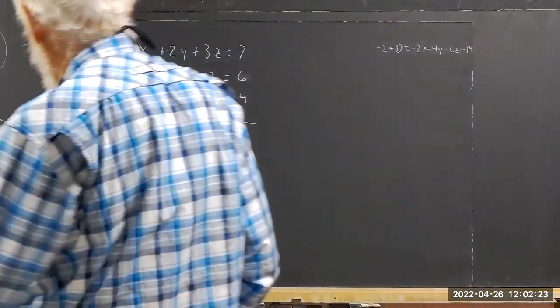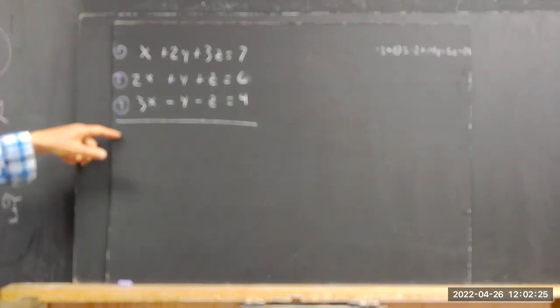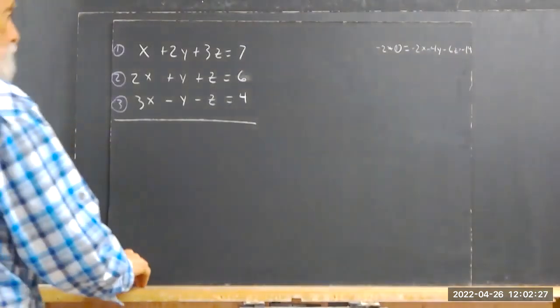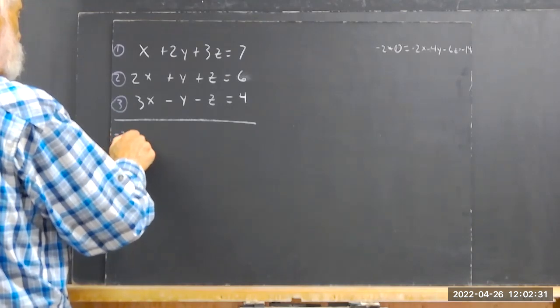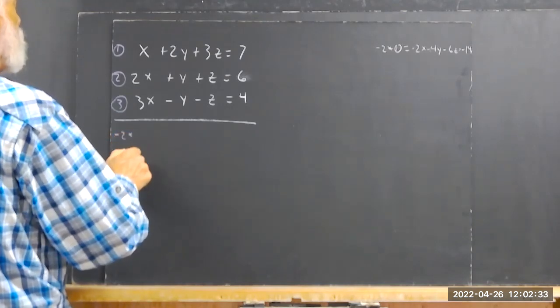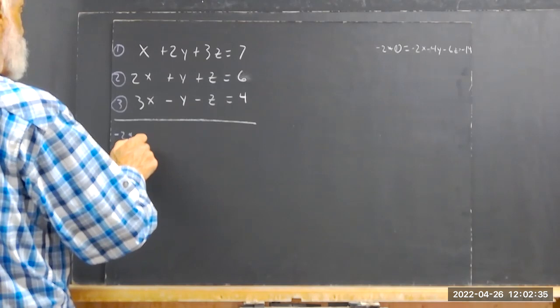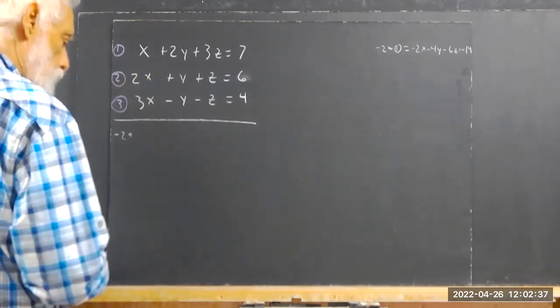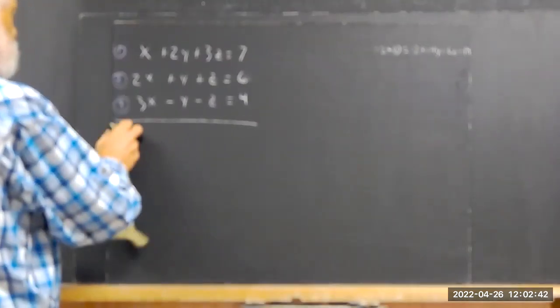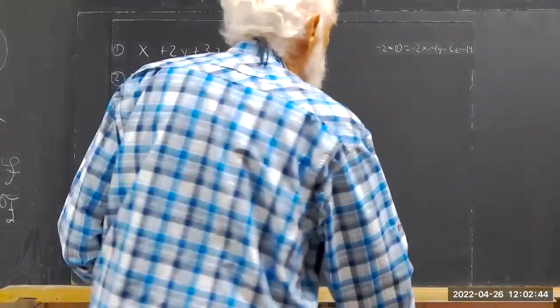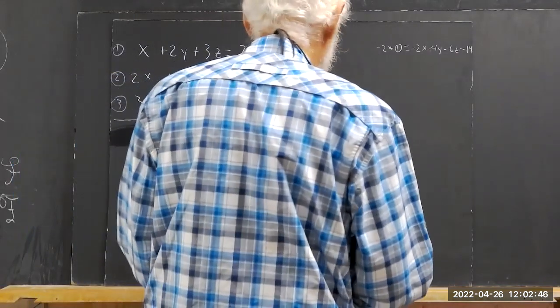I write that out over here. And then down here, I write, actually, I'm not going to write it like this. Okay, that's -2 times the first equation.